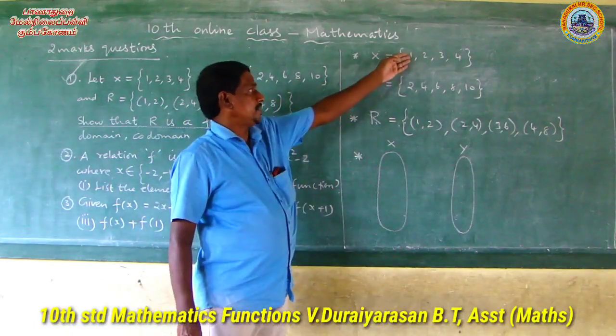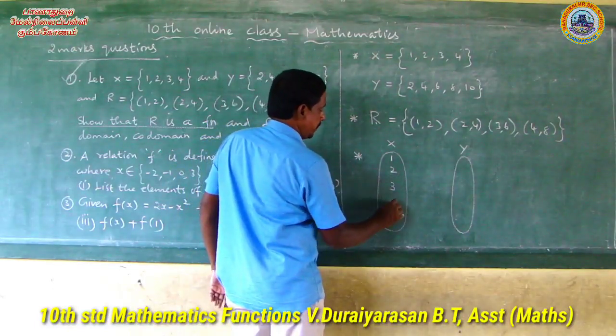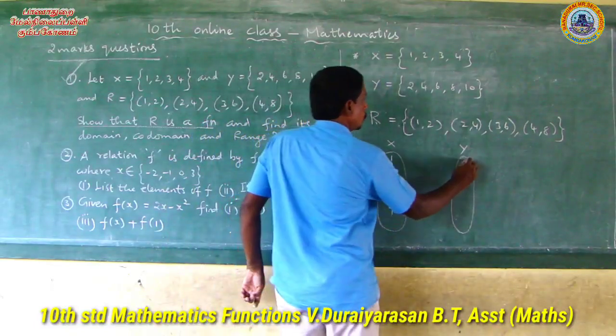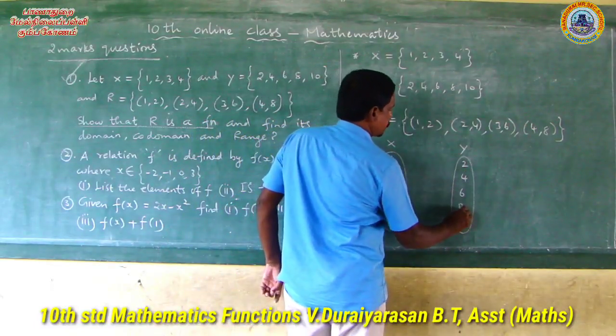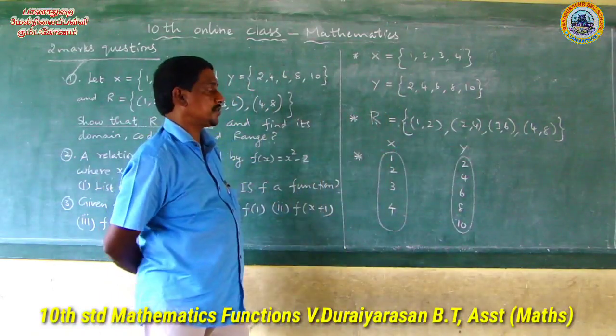The domain elements are 1, 2, 3, 4. The codomain elements, 2, 4, 6, 8, 10, are called codomain values.